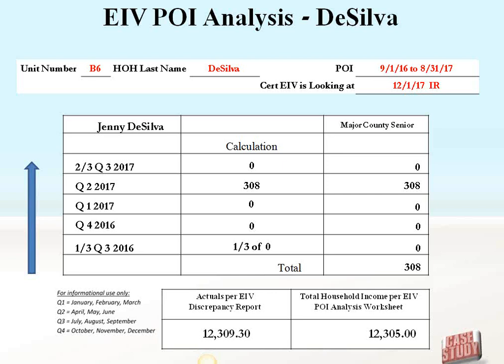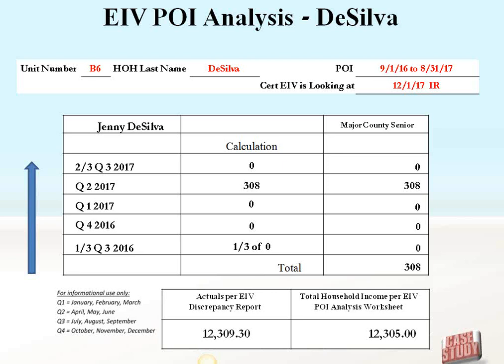When you have dirty quarters, you're never going to be able to reconcile exactly to that actual amount because you don't know that the wages earned over the course of a quarter were evenly distributed between the 3 months, but you're going to come real close. Okay? When you are dealing with clean quarters, you should be able to reconcile to that actual amount perfectly because you don't have to use any fractions.